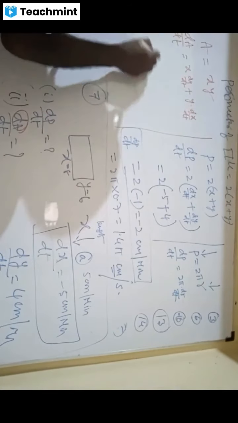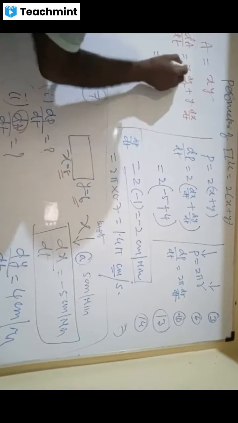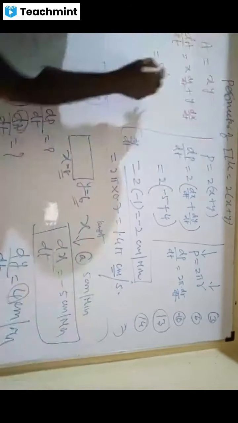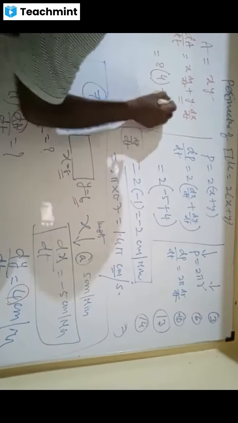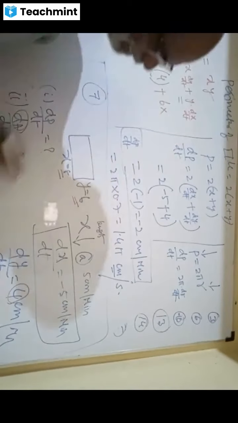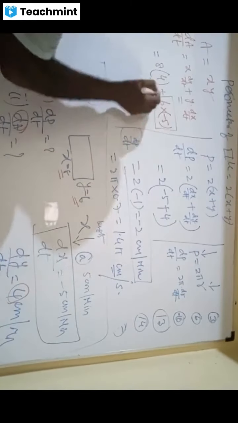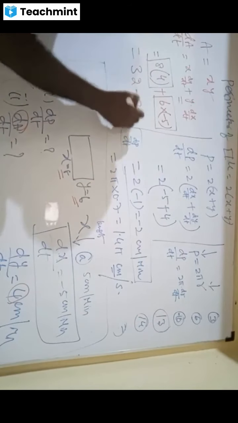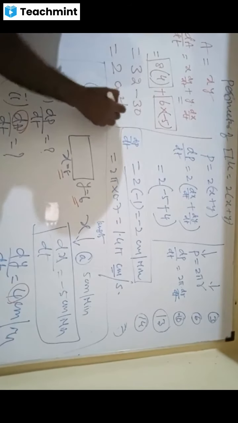He said that when x equal to 8 and y equal to 6, dy by dt is 4 and dx by dt is minus 5. So 32 minus 30, that is 2 centimeters square per minute.